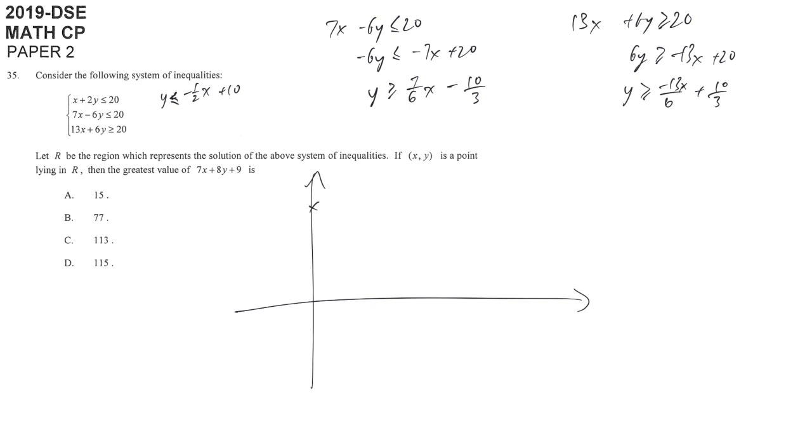The first position starts from 10 and then the slope is negative 1 over 2. So this should be 20. This is the first line. So L1, L2, L3. And then we are talking about y smaller than that.